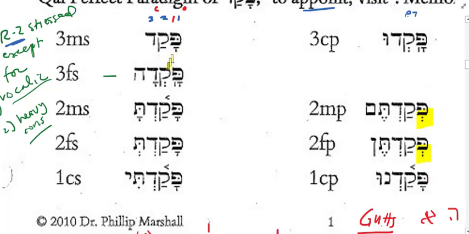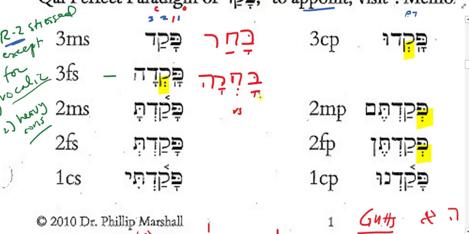It's the third feminine singular because that's a vocal sheva. And the third common plural. That's a vocal sheva, okay? So what's bachar going to do? The Qal perfect of bachar would have been bachar like this, and this should have become bacharah, right? With a vocal sheva.